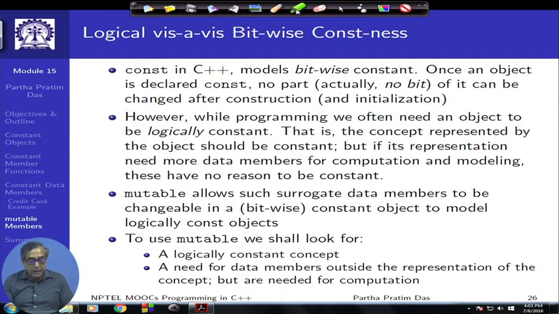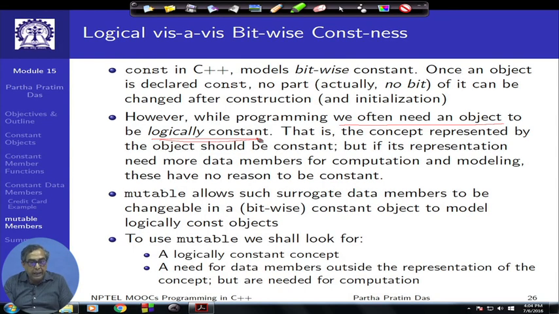Now, let us try to see how this can be used, how this should be used. As I was explaining, const in C++ models bitwise constness, that nothing in the bits of the constant object can change. But what is often important is that I have a concept which is logically constant, as I am trying to model some constant concept. That is described in terms of a few data members, but when I want to do some computation, in that same class I need some more data members which are just supporting the computation.